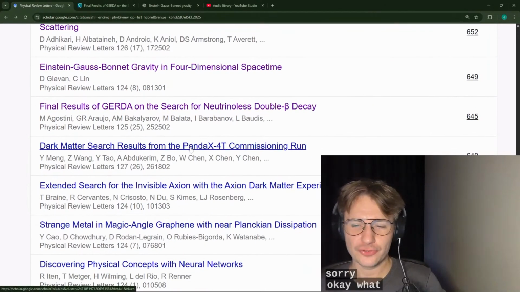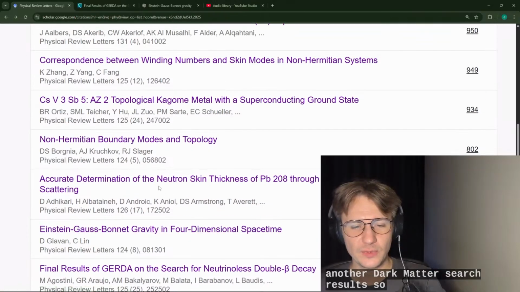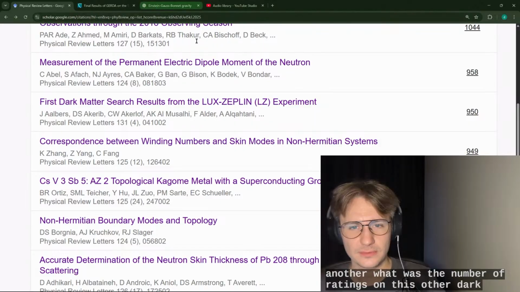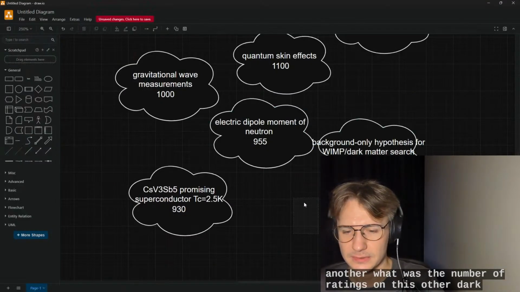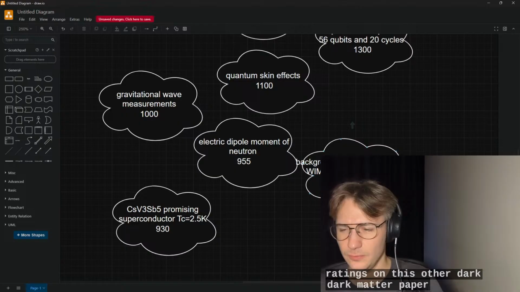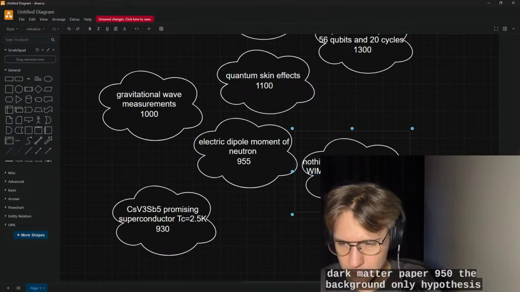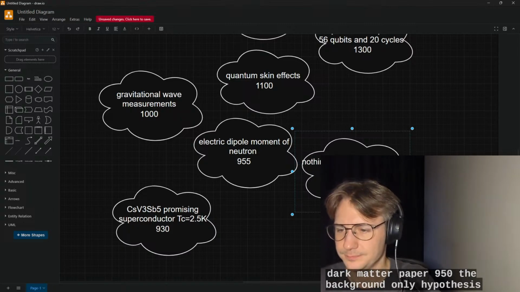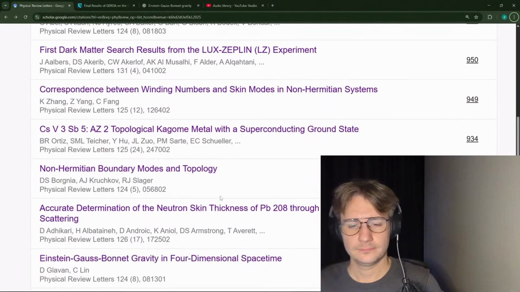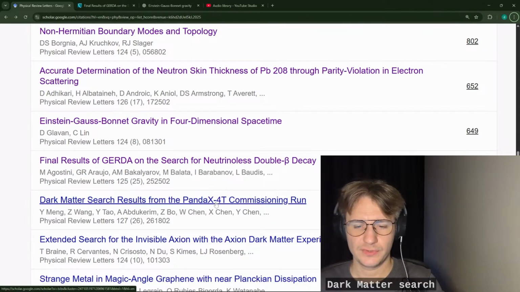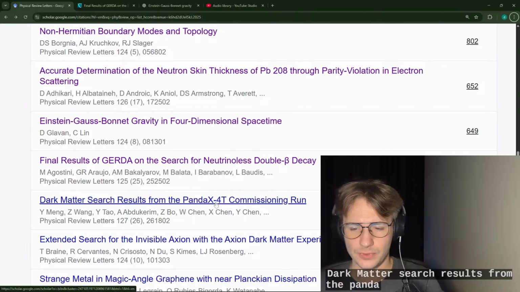Okay, what do we have here? Another dark matter search result. So competing with another, what was the number of ratings on this other dark matter paper, 950. The background only hypothesis. Dark matter search results from the PandaX-4T commissioning run.